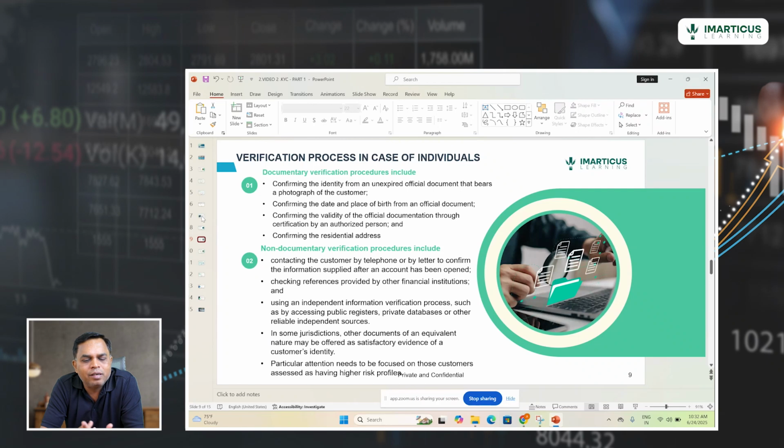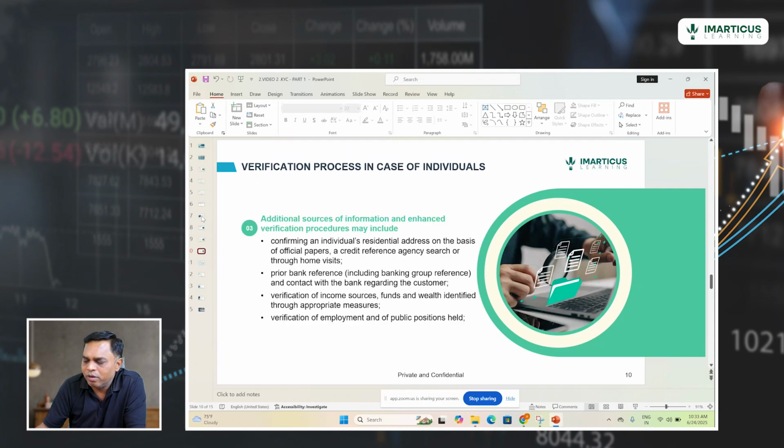That is one. The other way of doing a non-documentary check is a reference check. References are normally friends or colleagues, or in the case of an organization, peers or business partners. So the banks call the references and verify the facts with them. So address verification and reference checks are some of the examples of non-documentary verification.